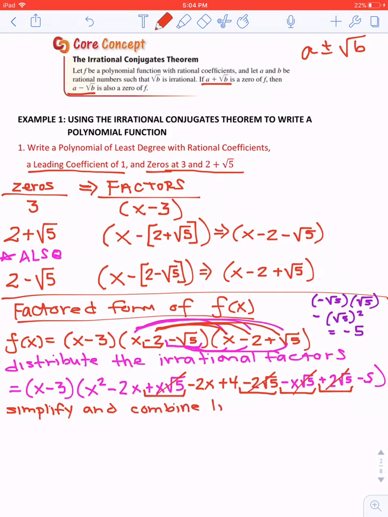Combine like terms. All right, so I have not distributed that x minus 3 yet, so I'm still keeping that. And in here I have x squared minus 4x minus 1. Right, so now I'm down to 2 factors and I need to distribute those.